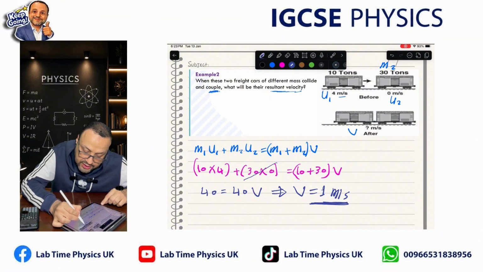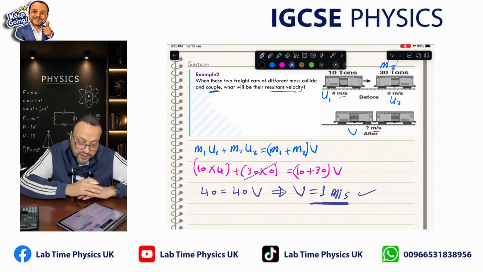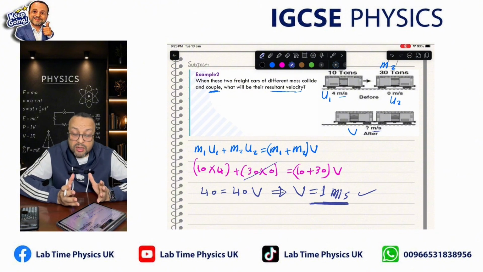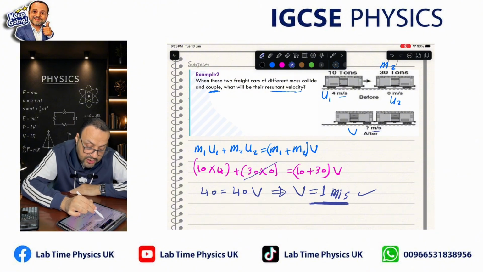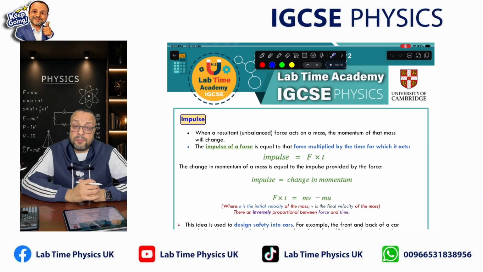This will be the final velocity for both cars, because he asked me to get the resultant velocity for both cars. That's it.